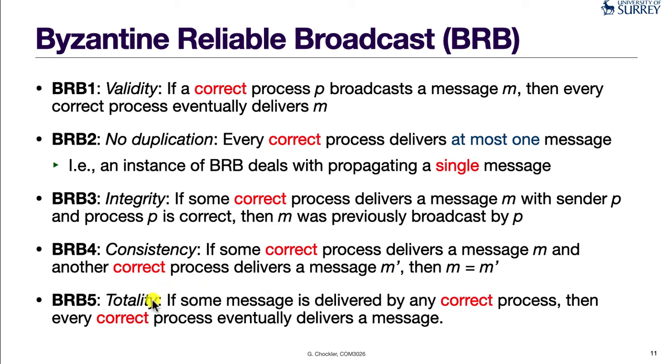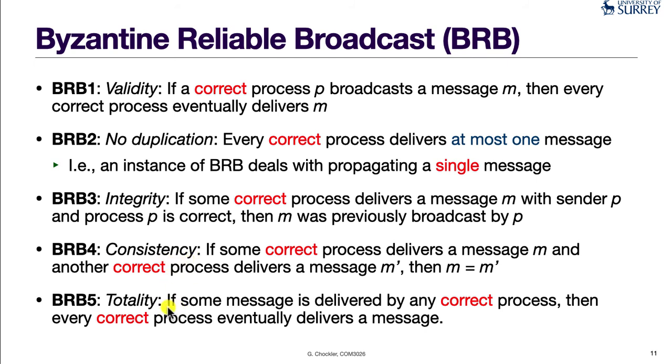The last property is called totality, and it is conceptually similar to the agreement property that we discussed in the context of reliable broadcast algorithms, but it only takes its liveness part. This is because the actual agreement part is already covered by the consistency property.